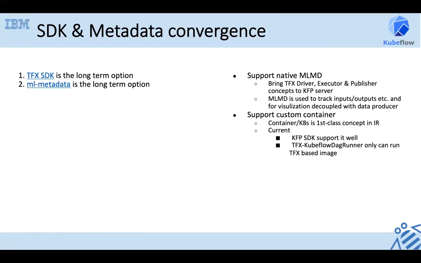So you will get a single SDK and the same metadata backend, MLMD. The other thing is, if you're using TensorFlow Extended, you're probably using the concepts of driver, executor, and publisher, which work around the constructs of a tightly defined schema, which is strongly typed. Because the inputs and outputs of the steps are strongly typed, you are able to get more automation. Those will be made available in KFP as well.